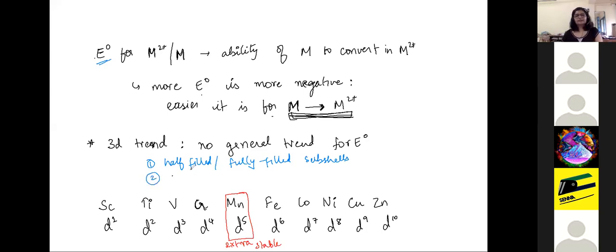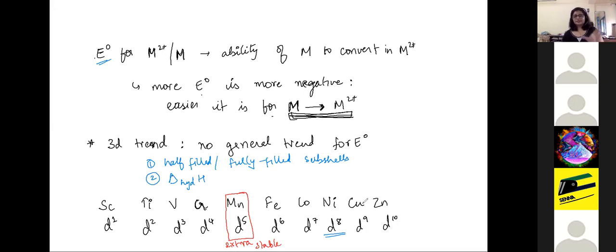Another reason is the enthalpy of hydration. Nickel specifically has one of the highest hydration enthalpies in the whole series, which, if you consider the overall value of ionization energy plus the enthalpy of hydration, decreases the E naught value as compared to cobalt, iron, copper, and all of that.